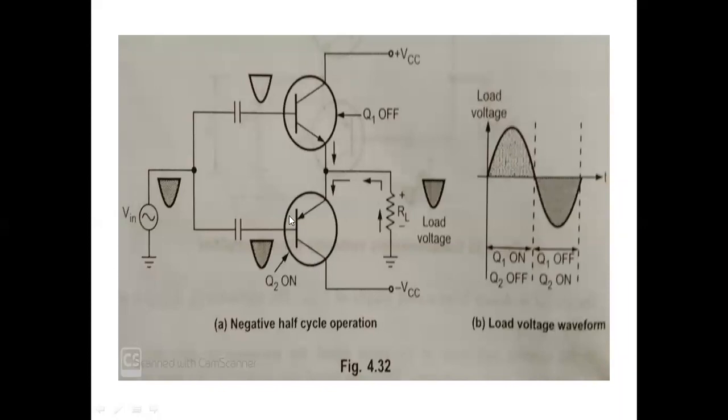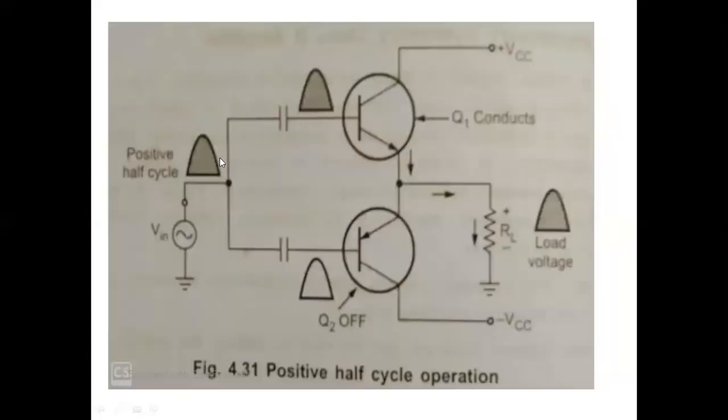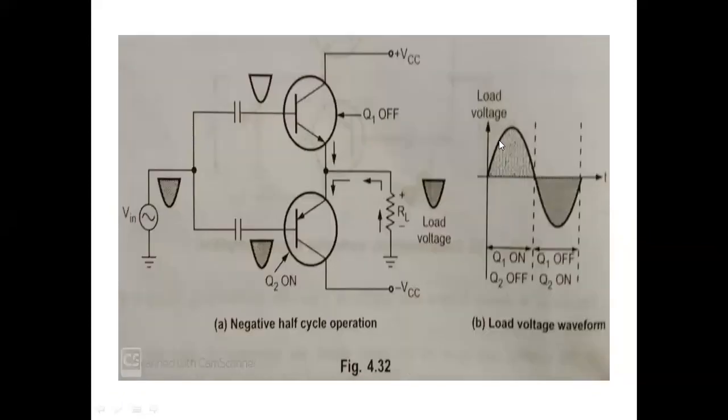Okay, so in this situation, Q1 is off and Q2 is on. If you are applying some full cycle at the input, we get the positive half cycle due to Q1. Because of the positive half cycle, Q1 is on and the signal appears at the output, and at that condition Q2 is off.